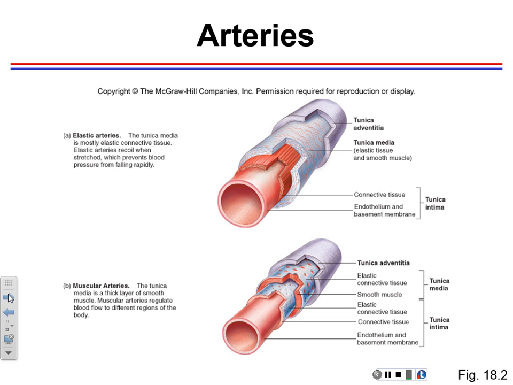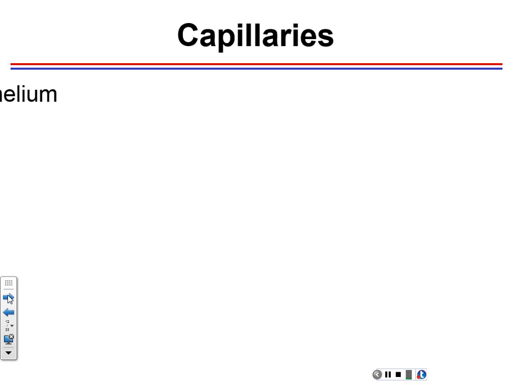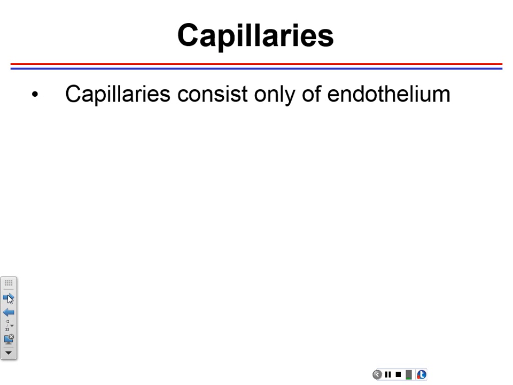That's it. So if I was to be sneaky and ask you about the differences between muscular and elastic, you say those 2 differences, 2 points, right? Size and what? Size and the middle layer. The elastic arteries have more of what in the middle layer? Elastic tissue, right?